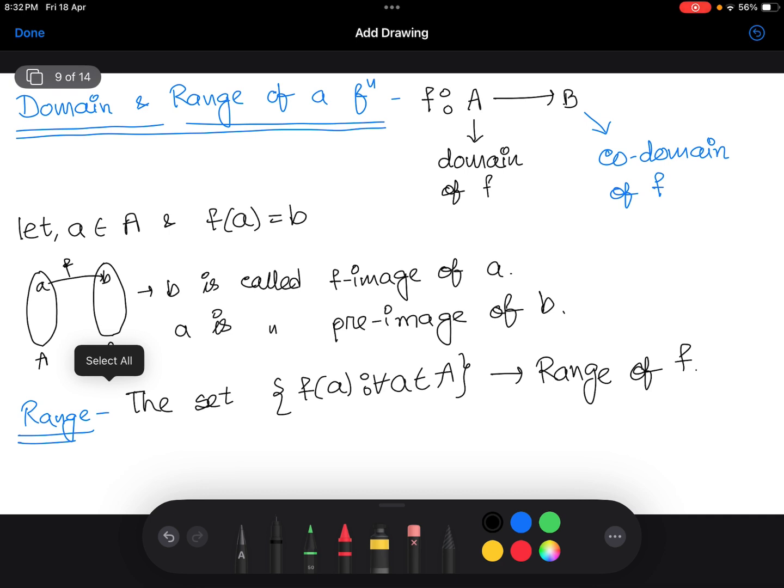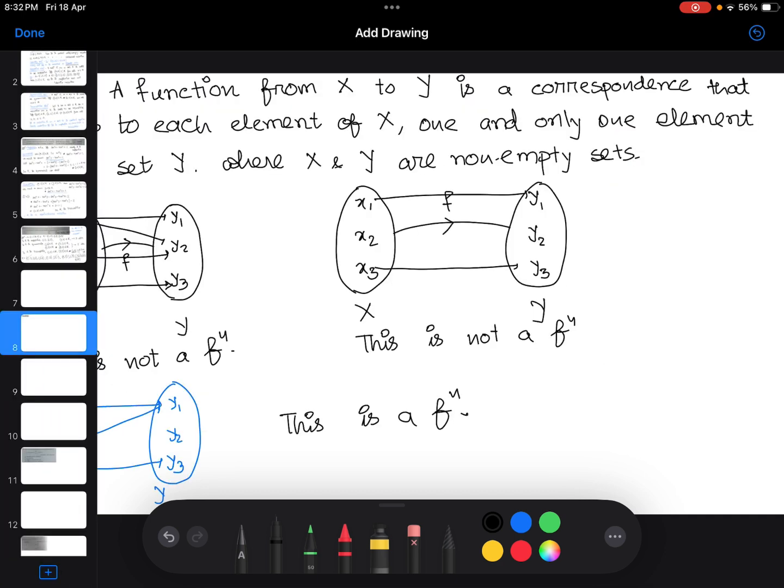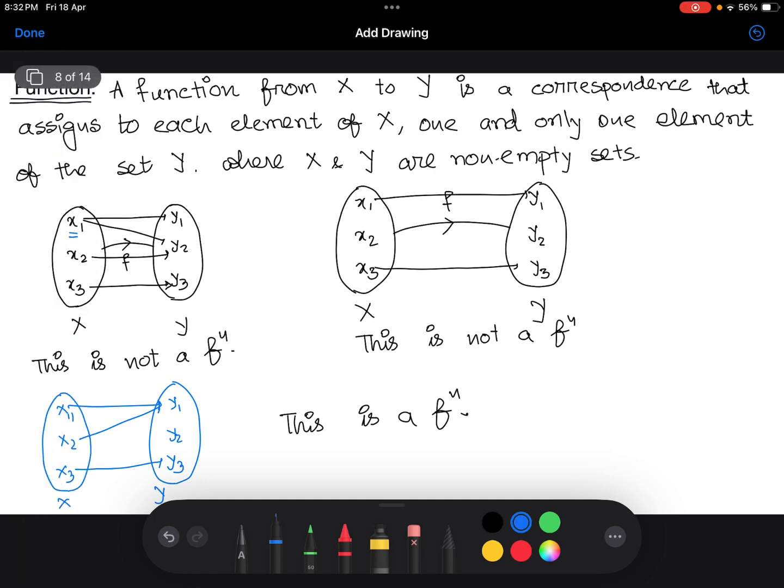Like, let's go to the previous slide to understand it well. Now here, for this function, the codomain of f is the y set, but the range of f is y1 and y3, because we can see that y2 doesn't have a pre-image, so the range contains all those elements which have a pre-image in x.